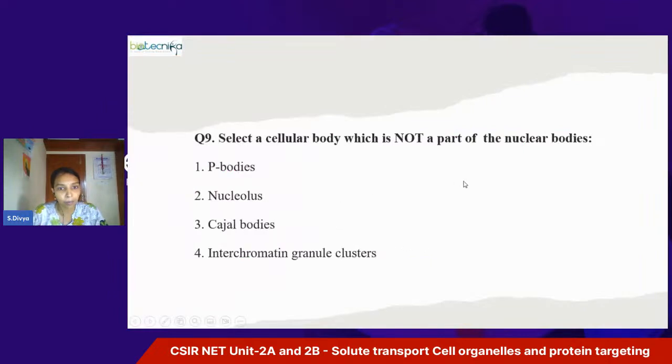Select a cellular body which is not a part of nuclear bodies. I hope you are able to recollect what nuclear bodies are. P bodies, nucleolus, Cajal bodies, interchromatin granule clusters. What are nuclear bodies? How can you define nuclear bodies?